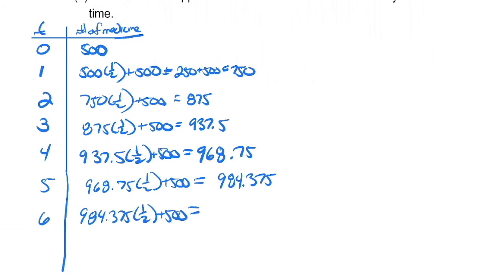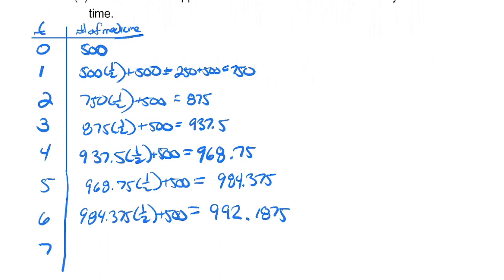It's a good thing I can make use of the answer part of my calculator, because I'm just taking the answer, multiplying by 0.5, and then adding 500 again. In this case, it's going to be 992.1875. I'm not going to rattle off any more, I'm just going to do the calculations.